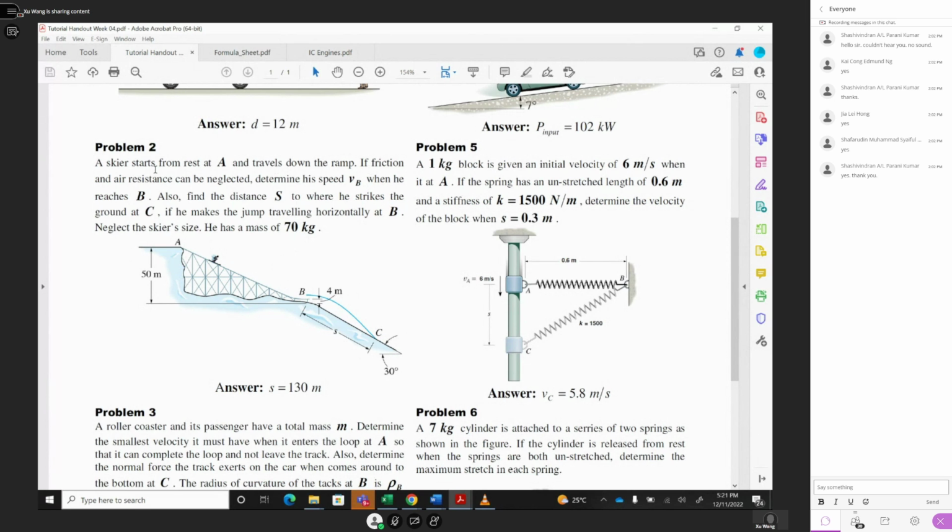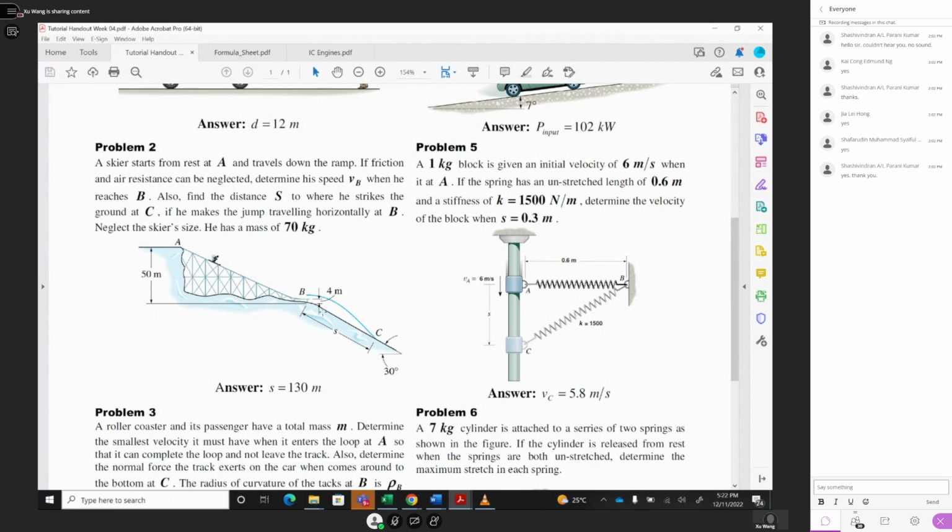If friction and air resistance are ignored, this skier will start from 0 and travel down the ramp, and when he reaches B, also find the distance S where he strikes the ground at C. He makes a jump, traveling horizontally at B. You get the speed now horizontal at B, and the speed direction is like that. Just ignore the skier's size, and he has a mass of 70 kilograms.